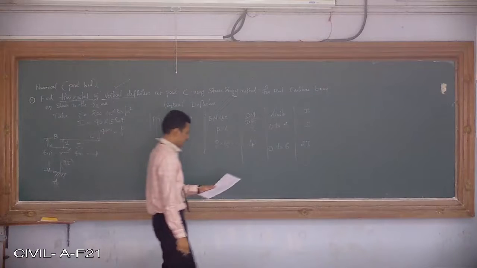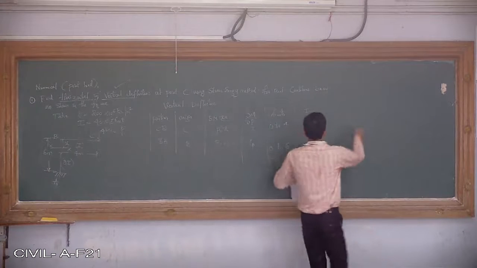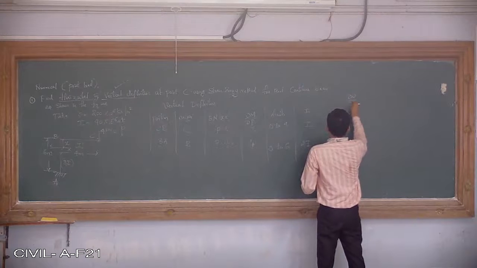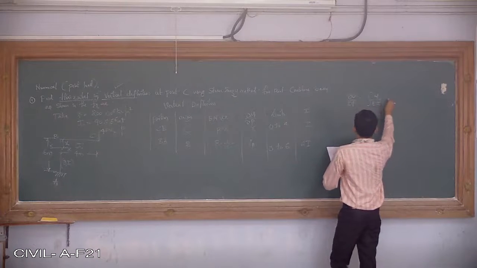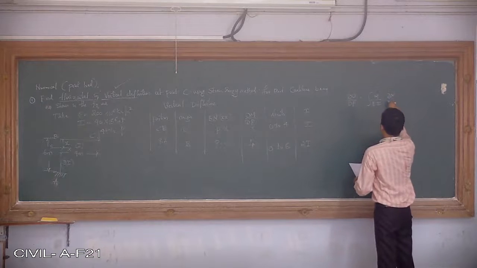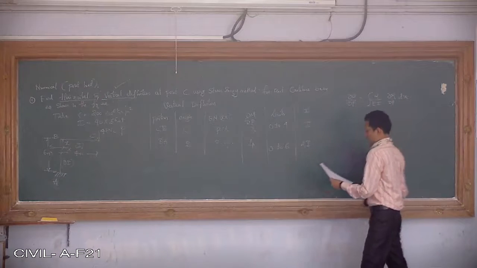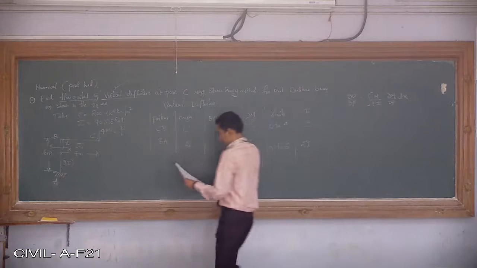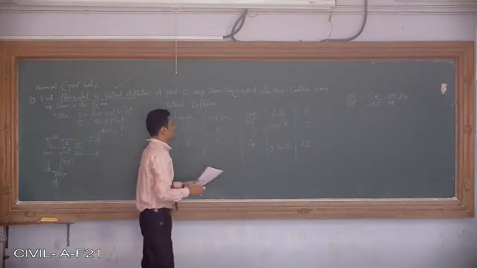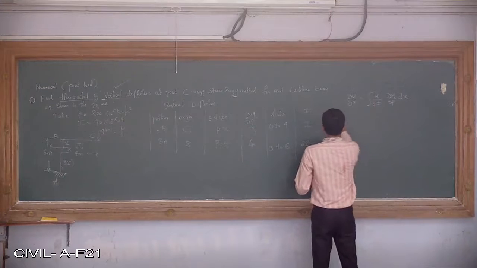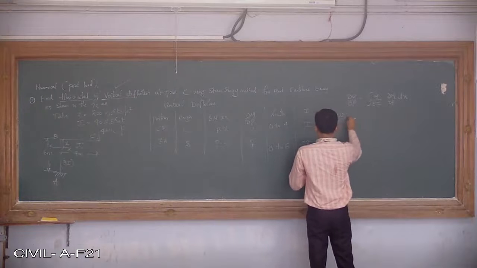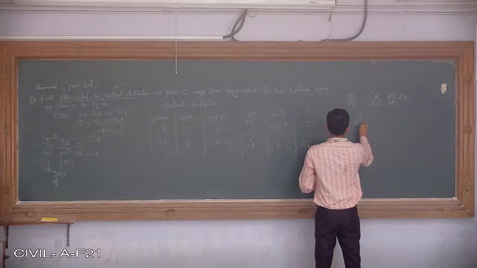Then we have the strain energy equation: dou U by dou P is equal to the integration of M by EI dou M by dou P dx. We'll replace all these terms for CB and BA and find the vertical deflection. So dou U by dou P is 1 by EI.